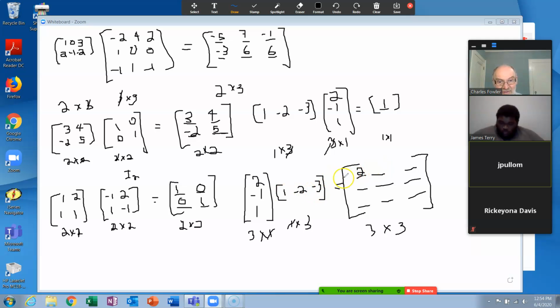And here is the row 1, column 2. So you take row 1 again, which is the number 2, times column 2, which is -2, and that gives you -4. Okay? And then this is the 1, 3 entry. So you take the first row here, 2, by the third column here, -3, and what do you get?